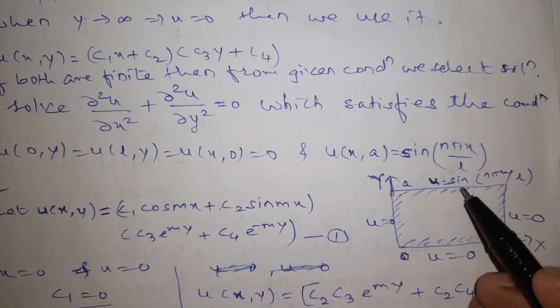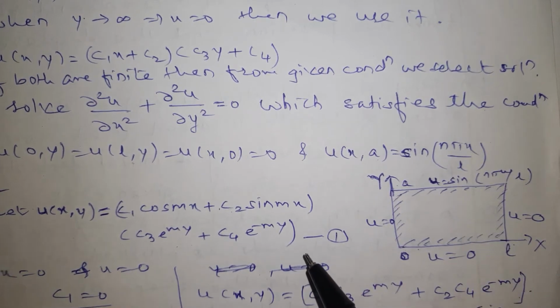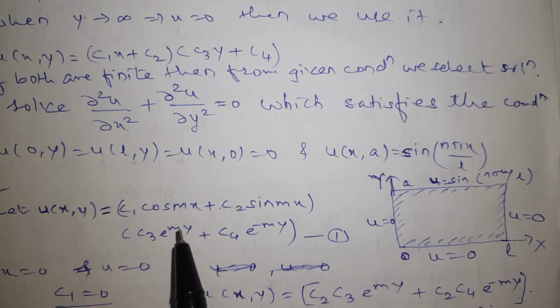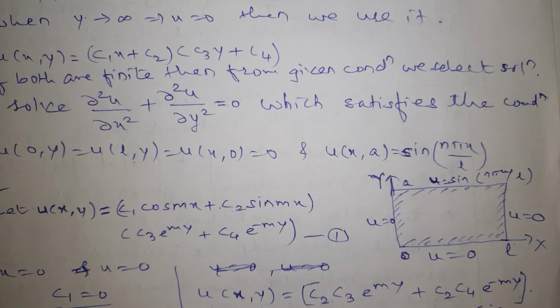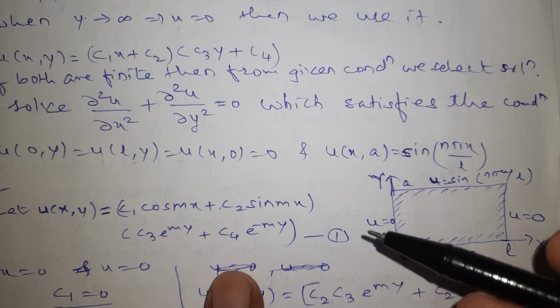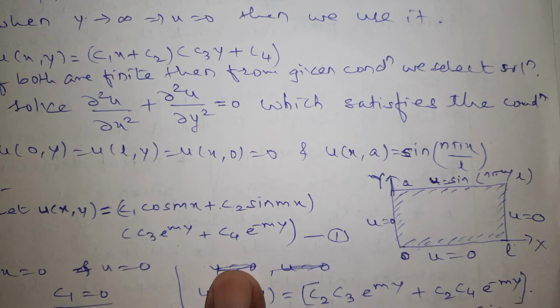So I choose the solution u of x,y is equal to (c1 cos mx + c2 sin mx)(c3 e^(my) + c4 e^(-my)). Now suppose you get confused and select the first solution, then what happens when you try to solve it? In a few cases you will get a difficulty. That's why I said it is a trial and error method.